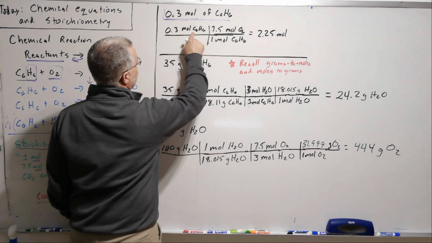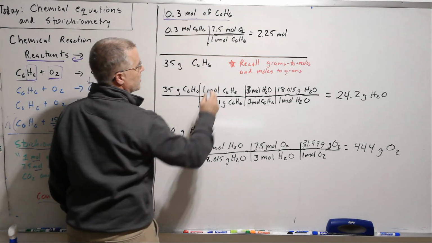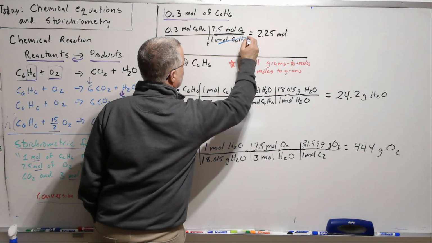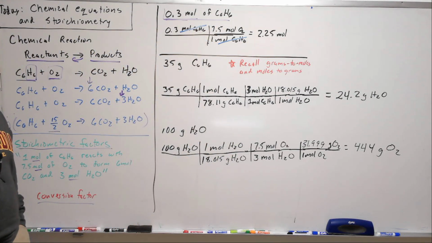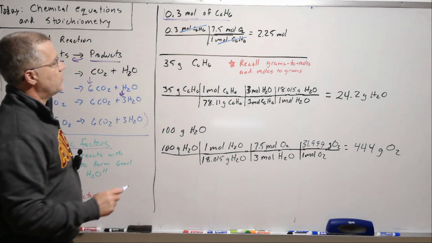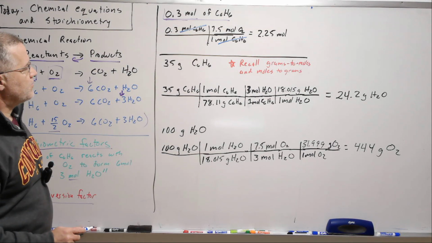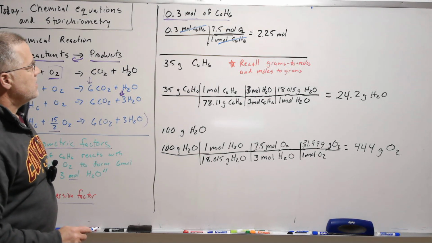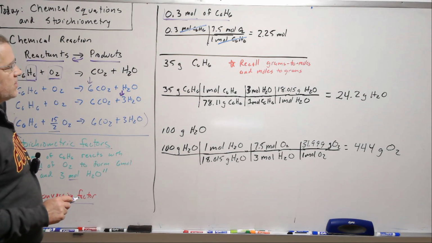So we write out 0.3 moles of benzene, then we write the stoichiometry as a conversion factor, and then notice the units here. This is what's so nice about this technique: you almost can't be wrong as long as you put the numbers in right and use your calculator correctly. The units will tell you if you've got these set up right. And so we are left with moles of oxygen, which is what we were perhaps interested in. So this is utilizing the chemical reaction in a step of the calculation.